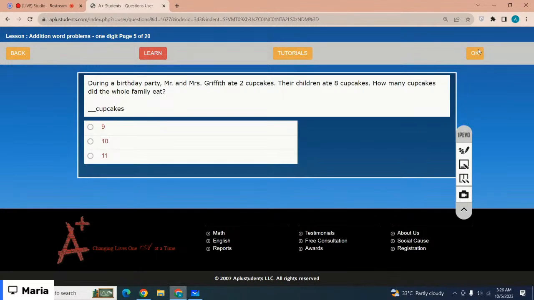The correct option is... You have to add 2 and 8. They ate 2 cupcakes and their children ate 8 cupcakes. So you need to add 2 plus 8.